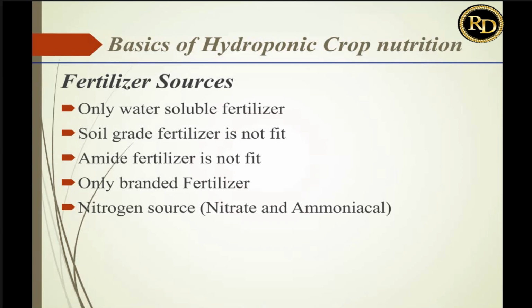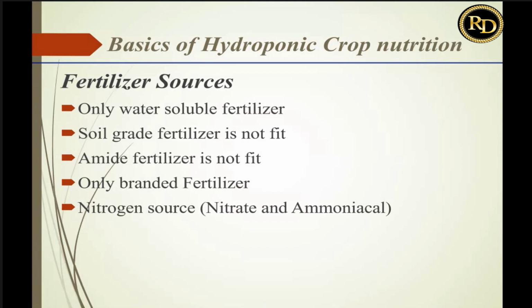So this is a possibility, because all the water soluble fertilizers are costlier than the soil grade fertilizer. However, we need to experiment with what soil grade or cost effective or cheaper fertilizers can be introduced in a hydroponic growing system. But so far, if you are starting, start with the water soluble fertilizer.